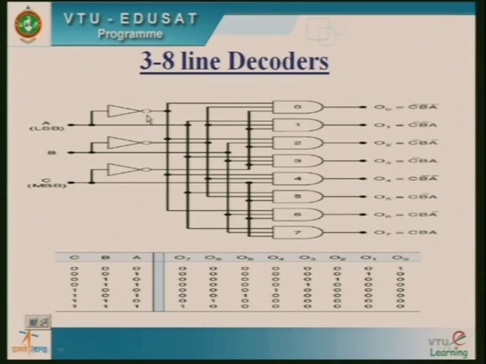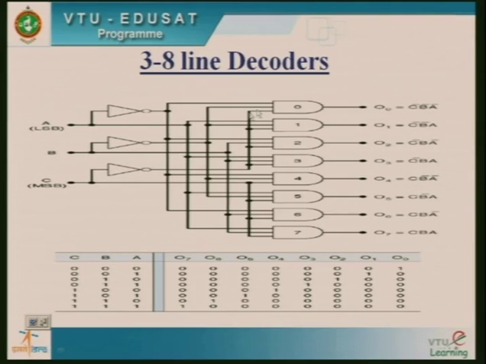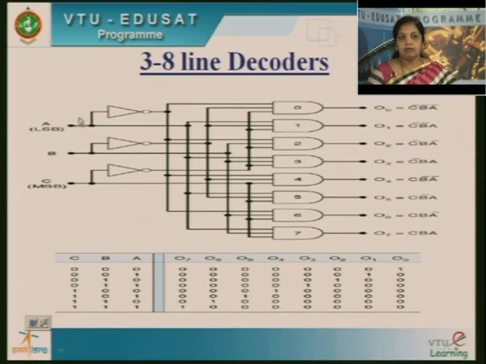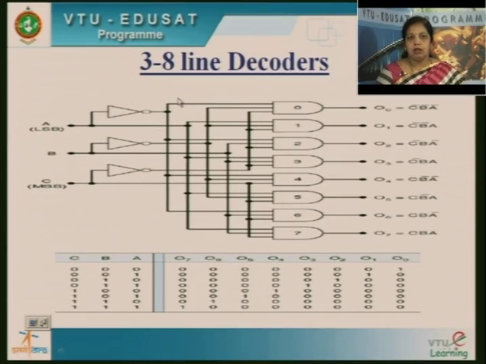You can just see here LSB A, complement of A bar, A is A complement, so it is connected here, B complement is connected here, C complement is connected to this gate. Whenever I give 0, 0, 0, the complement of this is 1, 1, 1, all 3 ones are connected to the input of the first AND gate.